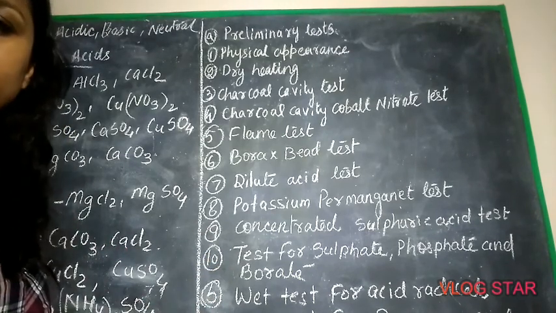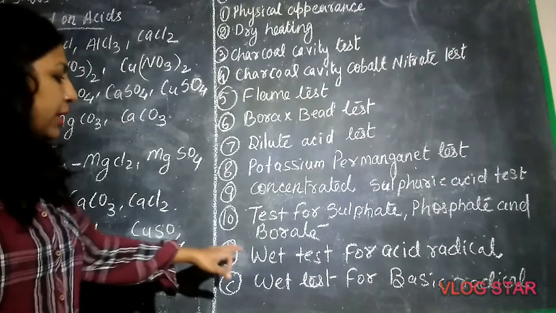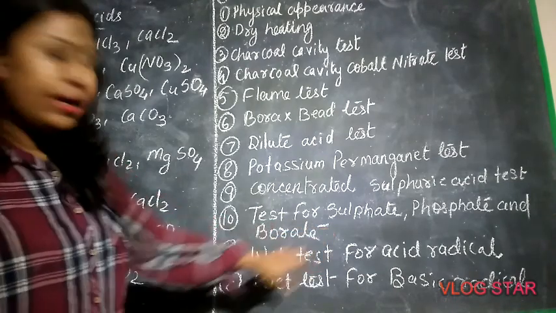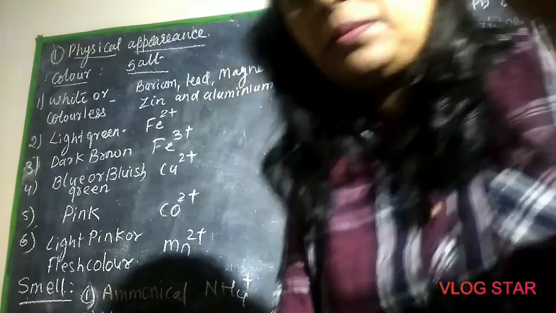Then after this preliminary test, a special series has to be followed: wet test for acid radicals and wet test for your basic radical.